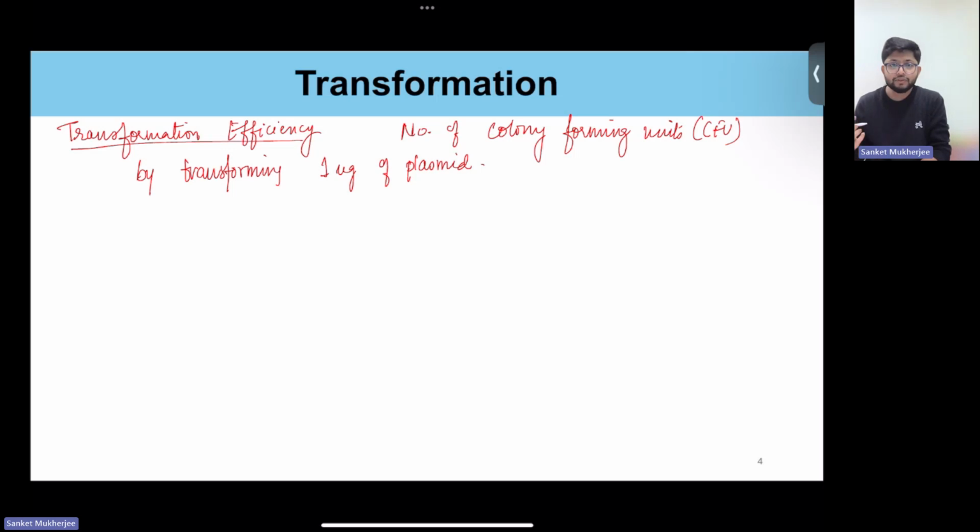There's a formula for getting transformation efficiency as well. And the unit of transformation efficiency is, as I already told you, CFU per microgram. That is the unit. So you can look at the slides to understand how this works.